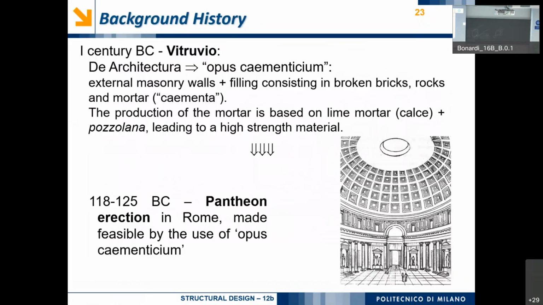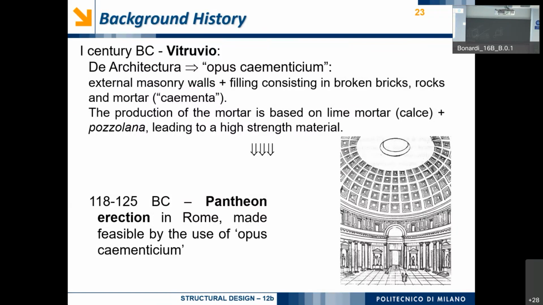Okay, now a very brief background history of the concrete. I don't want to spend too much time because you have the slides and you can see it. But now we're talking about concrete, not reinforced concrete.